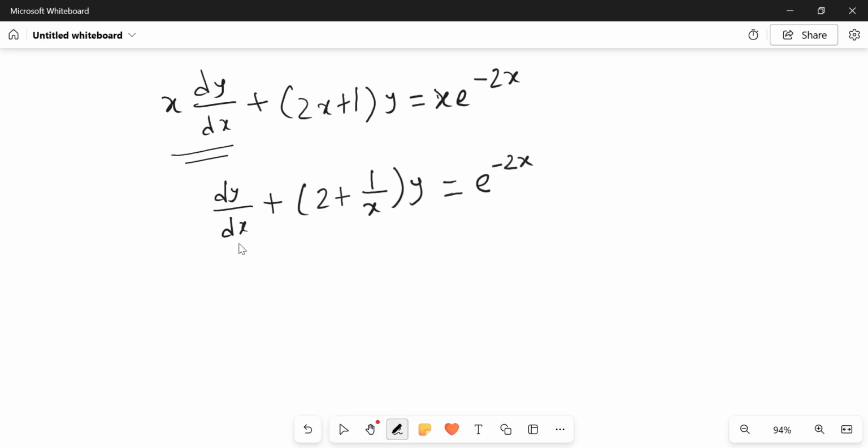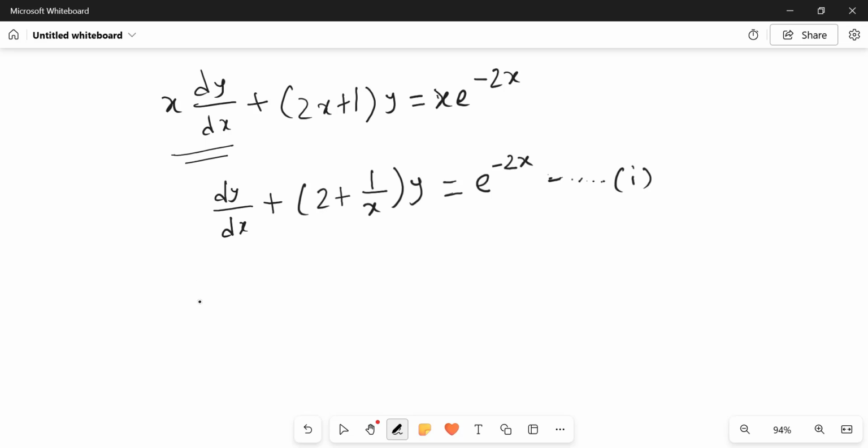Now we can see that this is in our standard form, which was dy by dx plus p of x y equal to q of x. Now this is in our standard form, so we give this equation number 1.